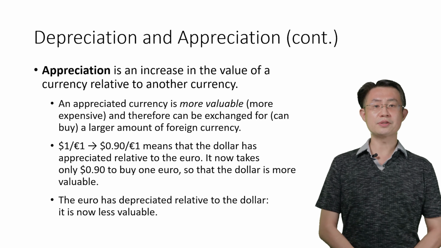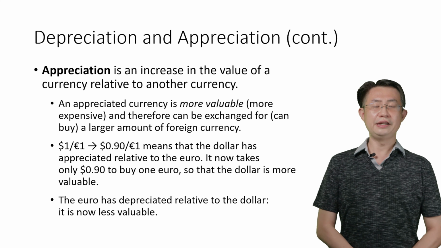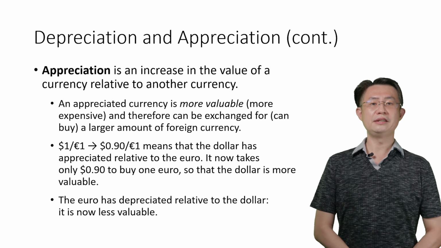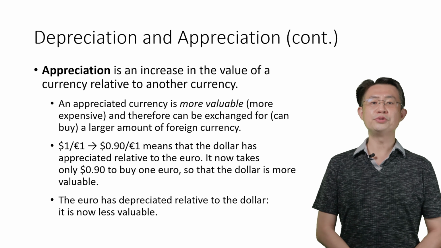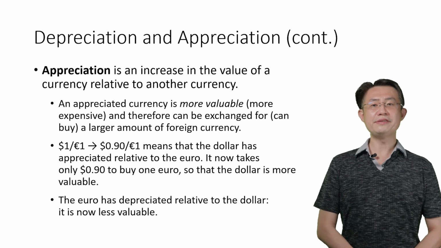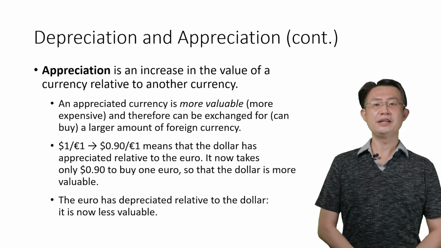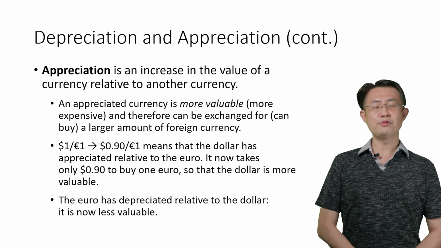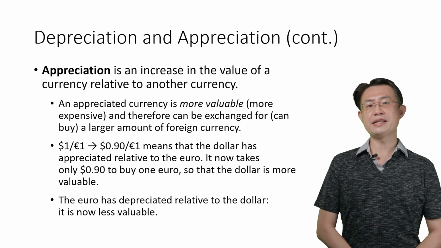Initially, the exchange rate equals 1 euro for $1, and after that, when the exchange rate goes down from 1 to 0.9, in this example, we can say the dollar has appreciated relative to the euro. So as you can see, initially, if you want to buy 1 euro, we have to spend 1 US dollar, right?